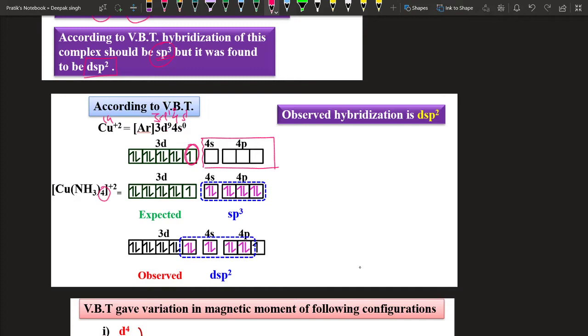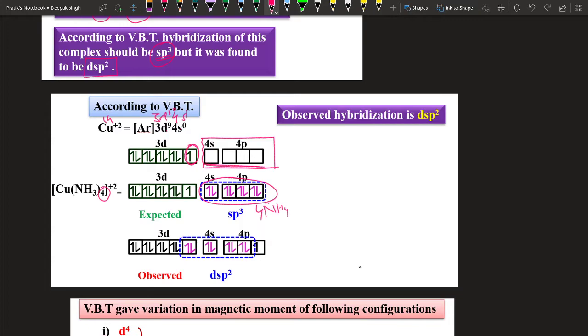So if we take 1 orbital from 4s and 3 orbitals from 4p, then the total vacant orbitals should be 4. And these 4 ammonia should give 8 electrons, and these 8 electrons should be accommodated into these valence orbitals.